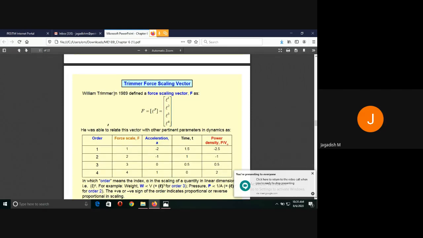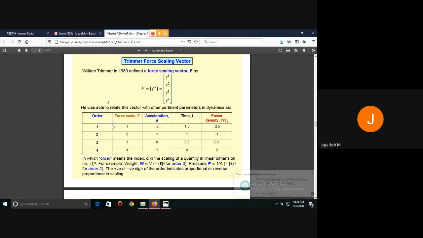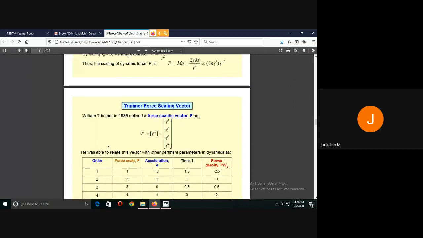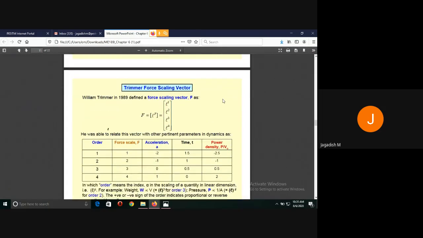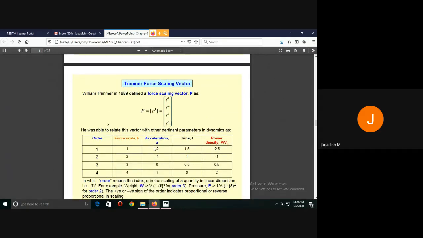So this was the force scaling vector that was defined by William Trimmer in 1989. And this is the table that gives you the relation with other parameters.